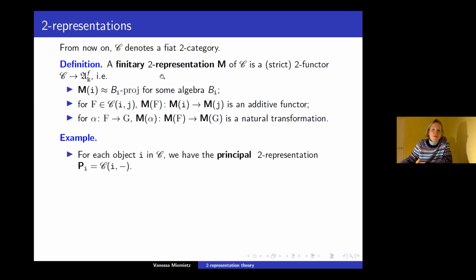Okay, so the example that determines where we have to represent is that we want to have the Yoneda embedding. We want to have the principal 2-representation, which is just given by C_i blank. So the 2-category where I represent should be whatever I'm enriched over, where if I plug in the J, I land in the right thing.